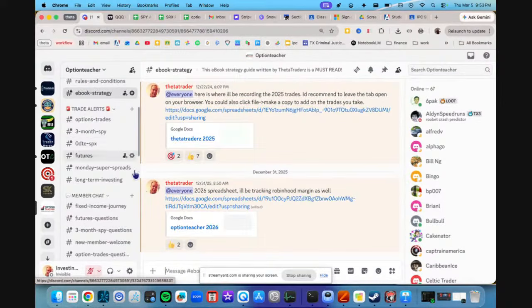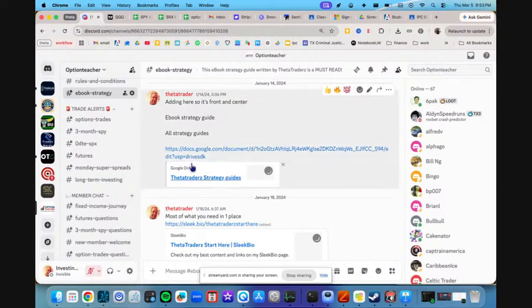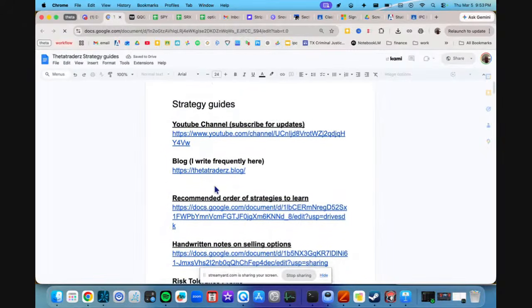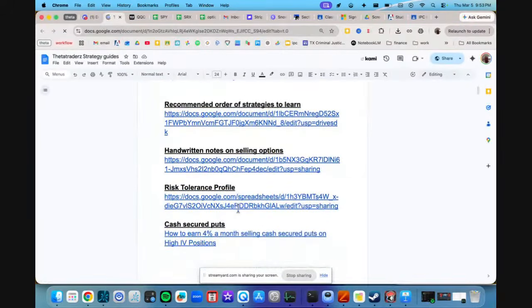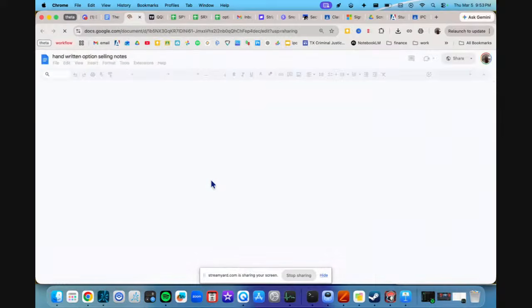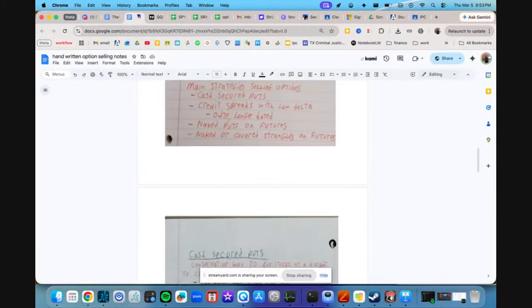So yeah, real quick, other things that you get in my Discord. You have the spreadsheet of all my trades, and then I have an insane amount of strategy guides on pretty much all of the selling I have. It's about 45 different guides. This is just a table of contents, and all of these you click on, and these have additional notes on them. I was even doing handwritten notes at one point.